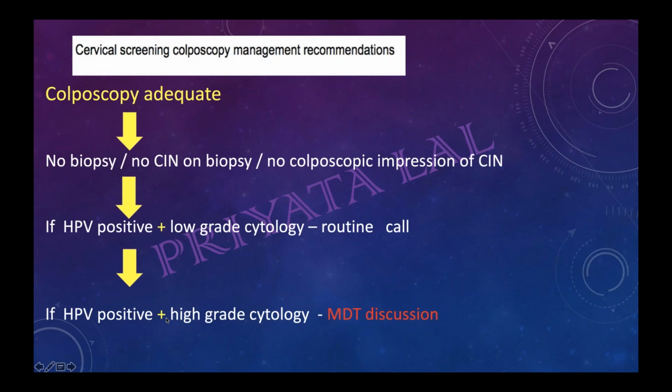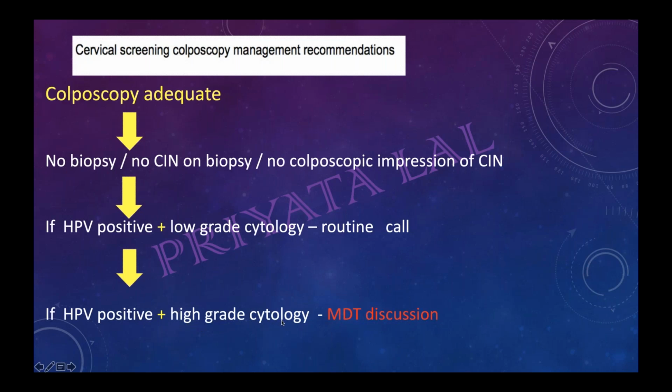Now there can be a second type of situation. I am happy with the colposcopy. So when I review her notes, I found she had a high grade cytology. So now there is a disparity. HPV was positive, colposcopy was adequate, and I have got no issues with the colposcopy, and cytology is high grade.